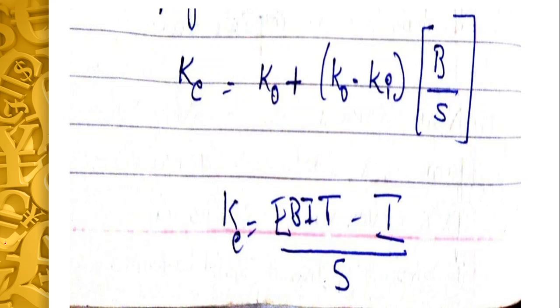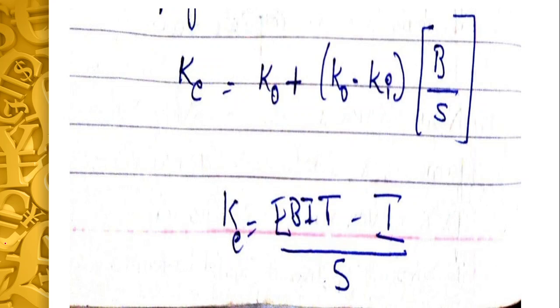First one is, cost of equity can be calculated by the formula Ke = K0 + (K0 - Ki) × B/S.